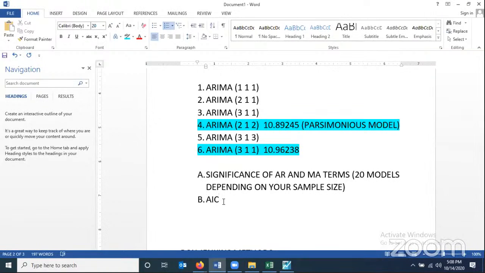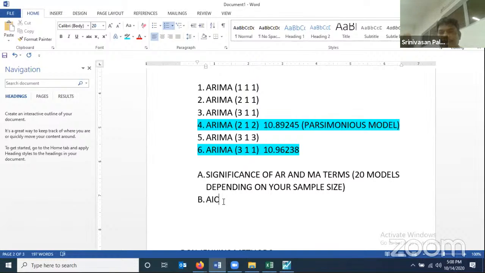Sir, model comparison criteria. Yes, when you want to compare two models, econometricians usually refer to the R square value. But in fact, you can refer to AIC and SIC also. These are the error minimizing criteria.